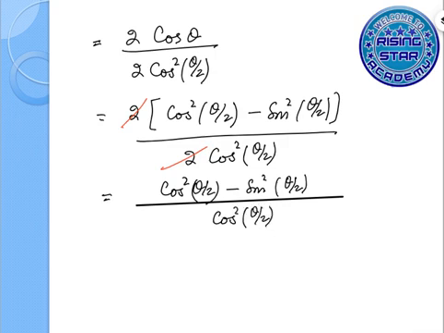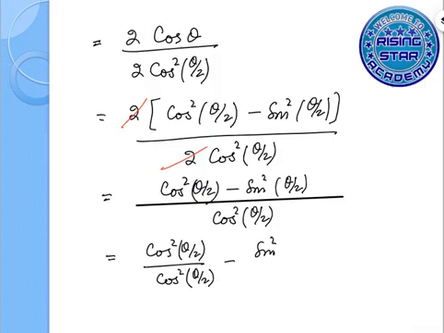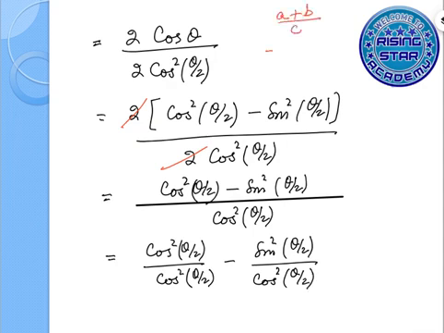Now we will separate them. So cos square theta by 2 divided by cos square of theta by 2 minus sine square of theta by 2 divided by cos square of theta by 2. The rule is that when we have a plus b divided by c, we can separate them by writing a over c plus b over c.